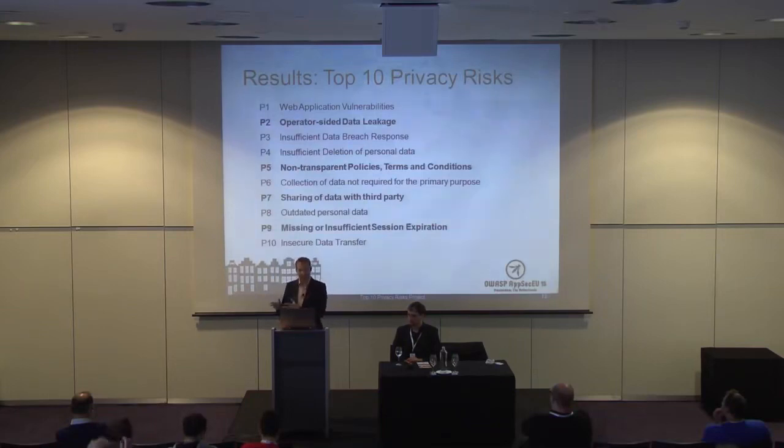Then there's the insufficient data breach response. I think we heard that in some other talks today, that you always should be prepared that something happens, because like in traffic, even if you have good driving assistance systems, there will always be accidents. And that's the same for privacy and security breaches, of course. Even if you have quite good privacy in place, there will be breaches and you should be prepared.